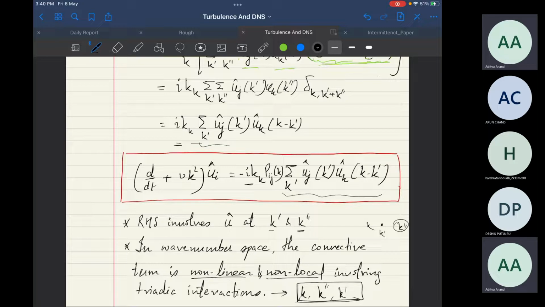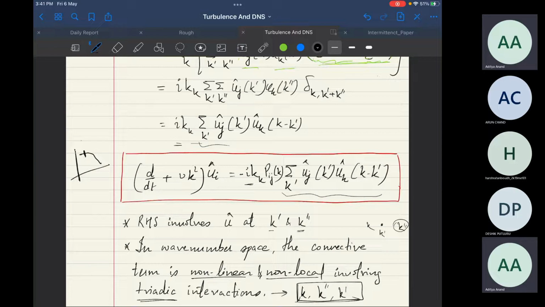This is an important term when you start studying the turbulence energy cascade, even in LES, where you cut off your simulations at some wave number. What is happening here is that you have interactions across the spectra.